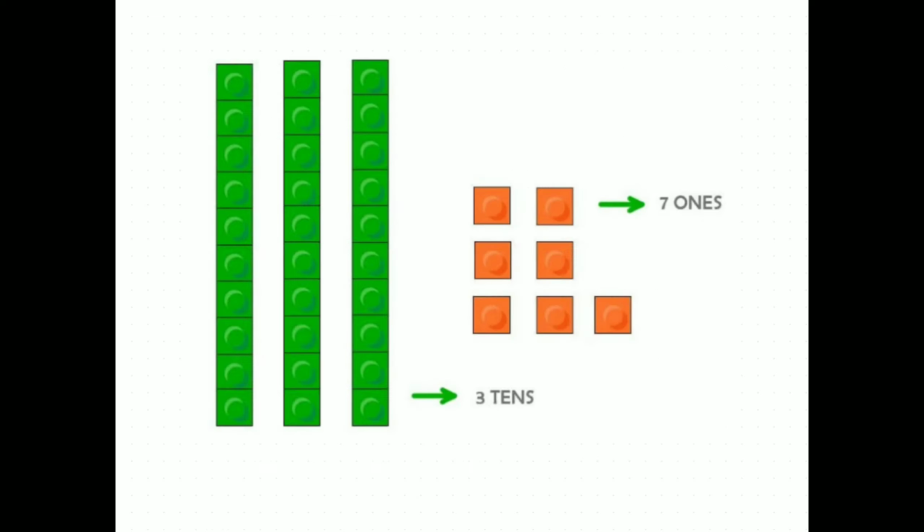Okay, let's have a look at another example. Ask your children to write what will come here. You can place the blocks like this. Okay, so if we count, it is 1, 2, 3, 4, 5, 6, 7. So here is 7 ones, which is already written over here. And these are 1, 2, 3, 4, 5, 6, 7, 8, 9, 10.